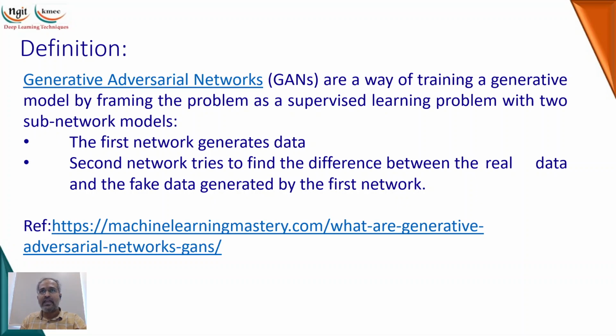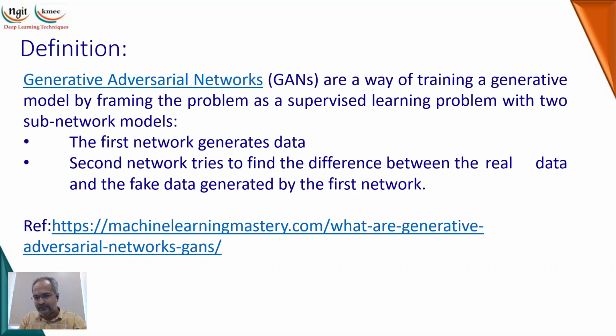It is the way of training the generative model by framing the problem as a supervised learning problem with two subnets. Actually we can call it unsupervised, because it is looking like supervised, but it is following unsupervised, because we don't have the target image. Without knowing the target image, we are generating one image, and we are comparing with some other images. So it is called supervised as well as unsupervised.